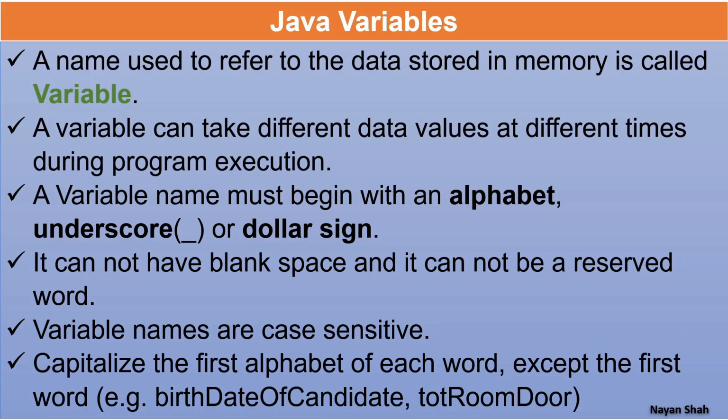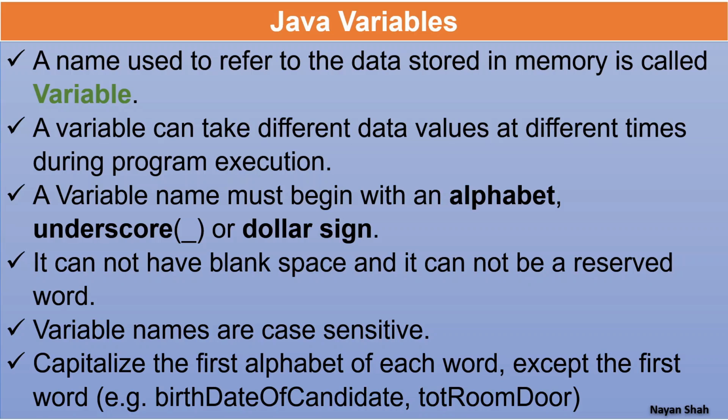And if your variable is made up of more than one word, say a long variable name, then you can capitalize the first character of every word except the first word. For example, birthDateOfCandidate. The first word is birth, which is in small letter. Then Date, Of, Candidate, where D, O and C are capital.